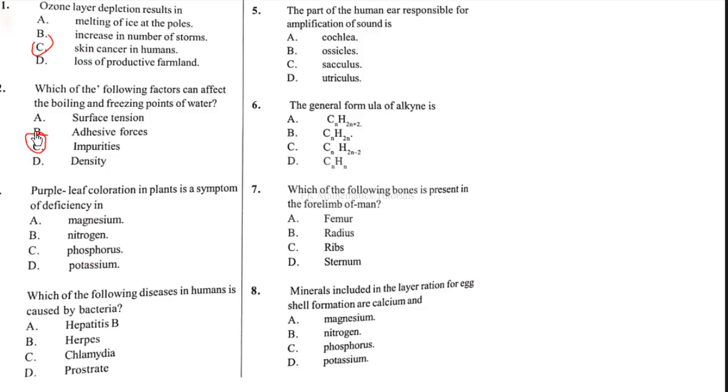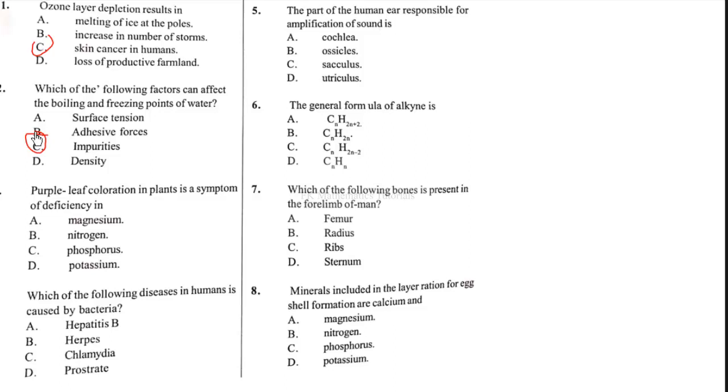Purple leaf coloration in plants is a symptom of deficiency in magnesium, nitrogen, phosphorus, potassium. Every plant needs phosphorus, and I believe you know the chemical symbol for it, capital P. In order to create energy, sugar, and nucleic acids, the plant needs this phosphorus.